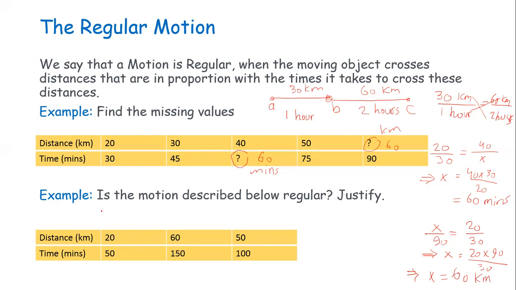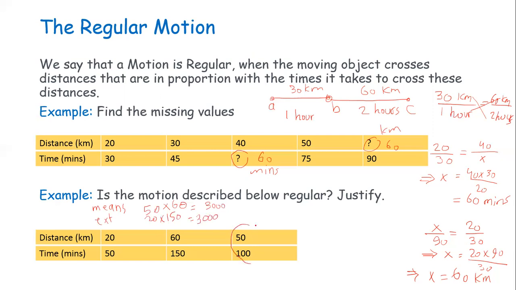So the multiplication of the means is 50 multiplied by 60, which is 3 thousand, and this is equal to the multiplication of the extremes, which is 20 multiplied by 150. Again, we get 3 thousand.